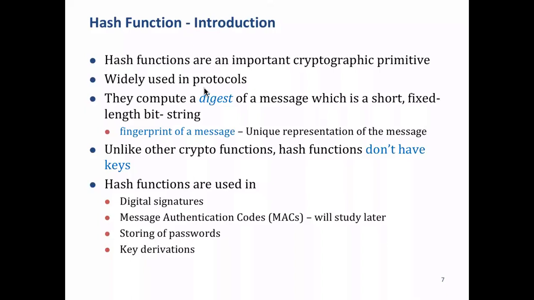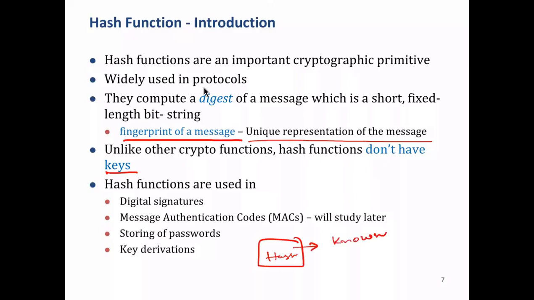Bob knows the algorithm. So it gives a fingerprint of the message, which is nothing but a unique representation of the message. Note that in a hash function we don't use keys. In symmetric key encryption we use keys, while a hash function is a well-defined function. The algorithm of the hash is known, so anybody can compute it.